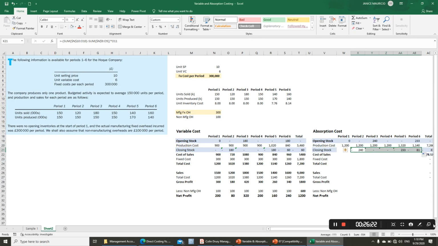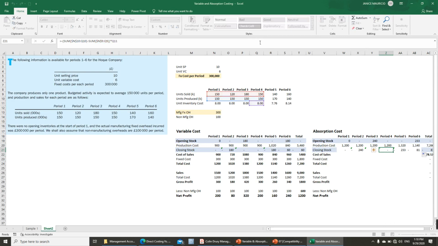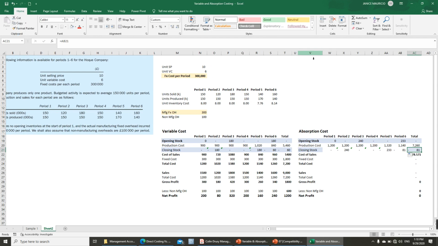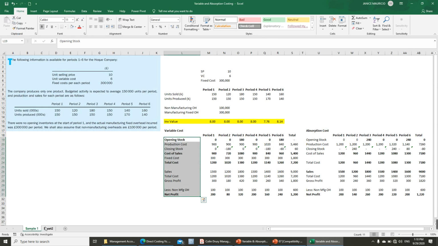Yan. Tama ba ang mga formula natin? Let's see if this is correct. Okay, is this the same?